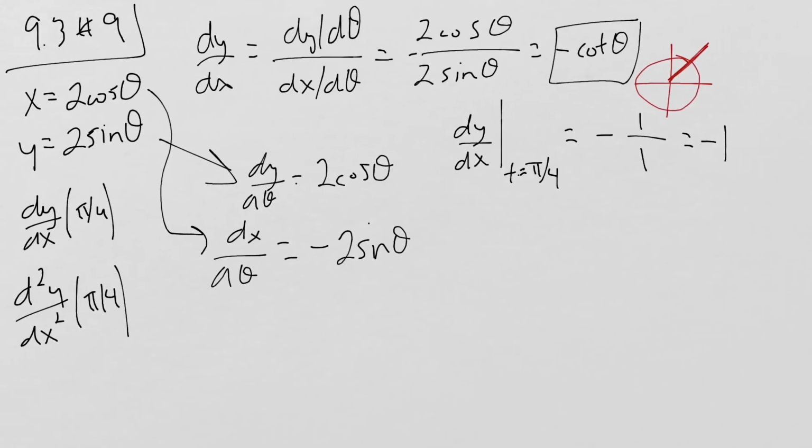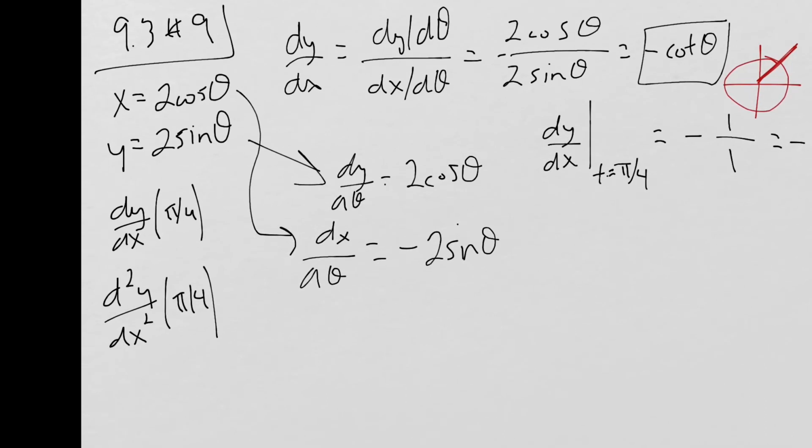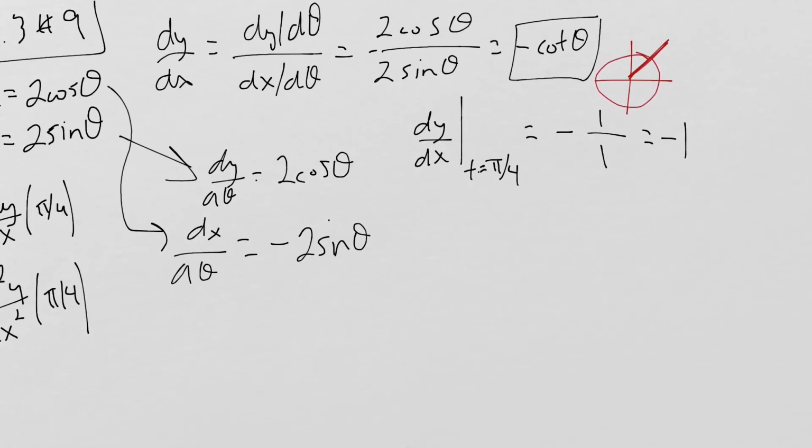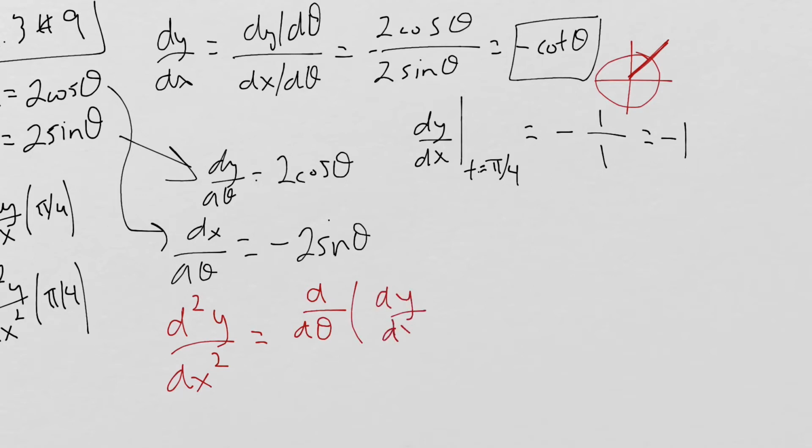Okay, so from here, we want to find the second derivative of y with respect to x, and I want to do it at pi over 4 again. So I'm going to slide over here, because I'm going to use some of the things here that I already wrote. I'll do all my new work in red. So d squared y/dx squared, that is d/d theta of dy/dx divided by dx/d theta.